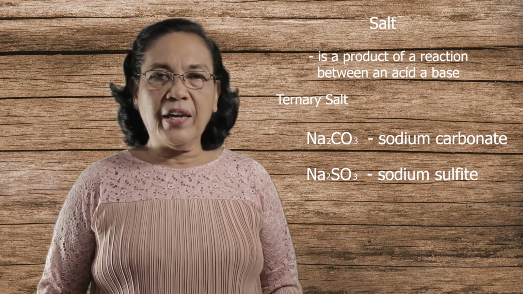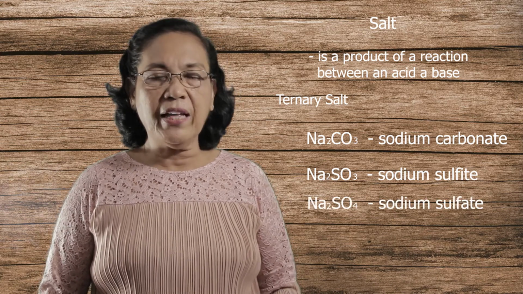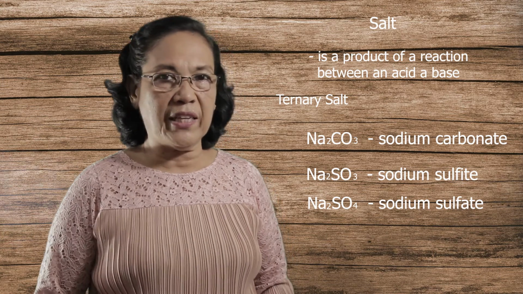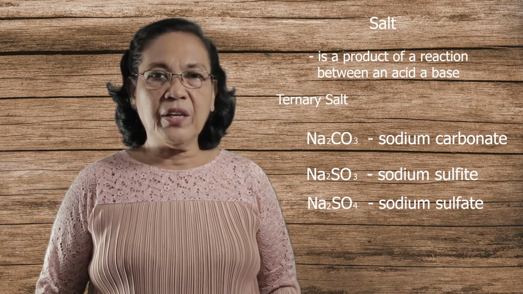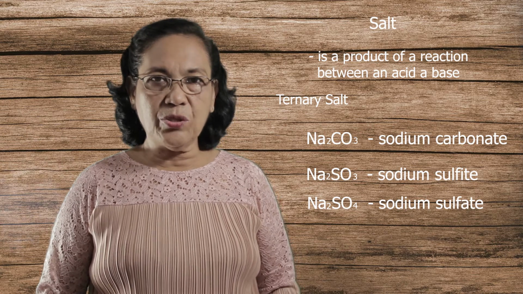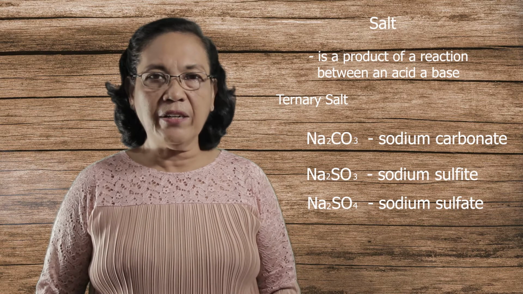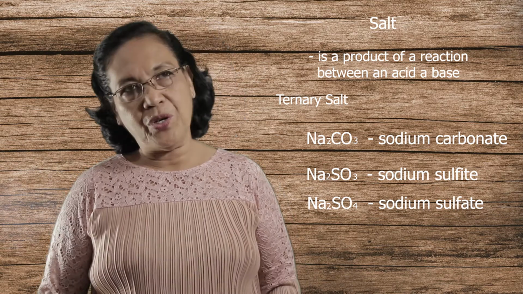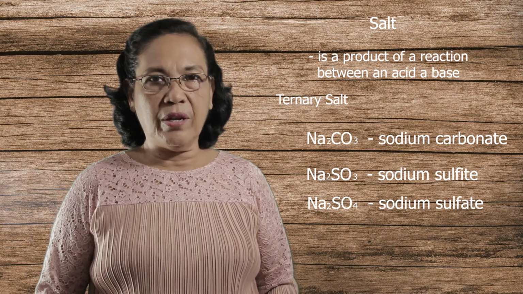Another is the sulfate, a polyatomic ion which is SO4 with a charge of -2. Pair this with the cation sodium, and the formula becomes Na2SO4. Now, the sulfate has a higher oxidation state as compared to sulfite. So, the name of this ternary salt is sodium sulfate.